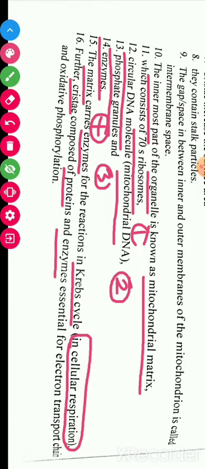Why do you need these proteins? They are essential for the electron transport chain and oxidative phosphorylation.